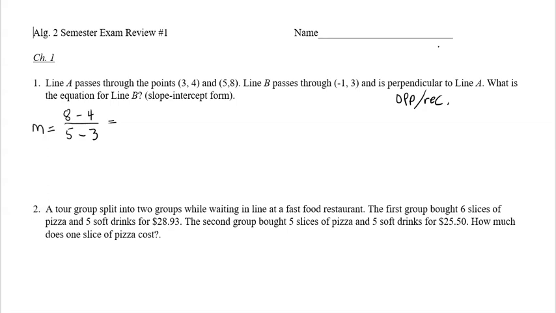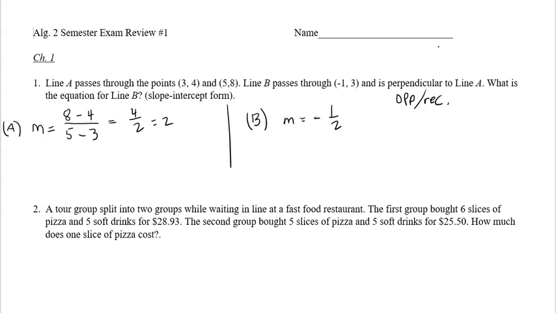So the slope for line A is 4 over 2, which is 2. So that means this line called B has a slope of the opposite reciprocal of 2, which would be negative, that's the opposite, 1/2. That's the reciprocal.